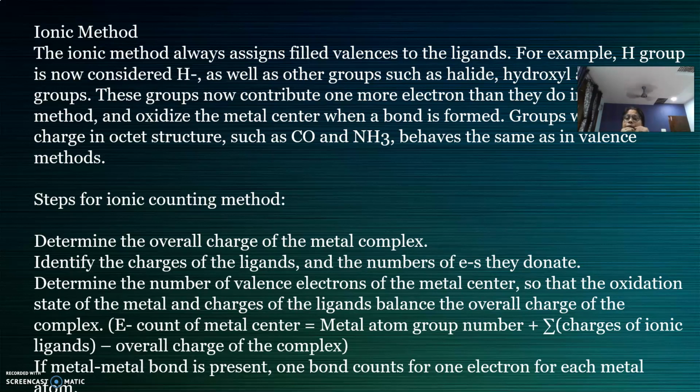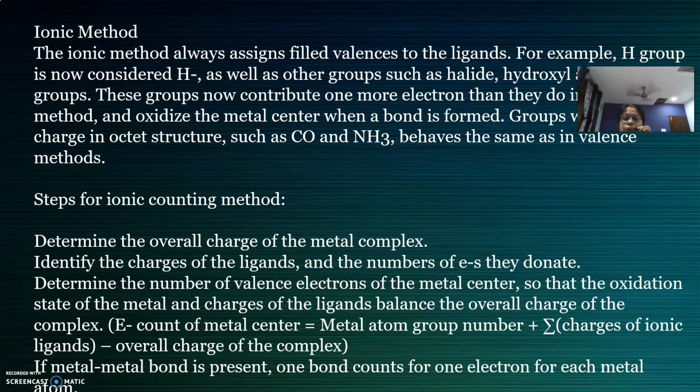So in the ionic method, we must have the metal in its common or stable oxidation state, and then those ionized electrons will be accumulated by the ligands and they will have their normal oxidation state. So we have to take into account the ligands with their oxidation state, which will definitely be negative.